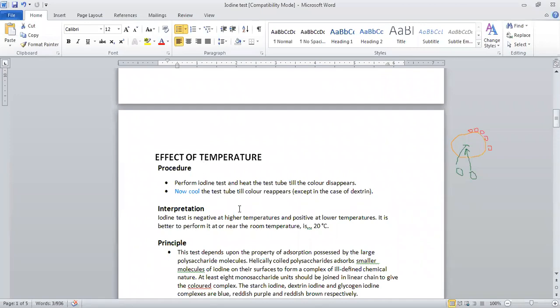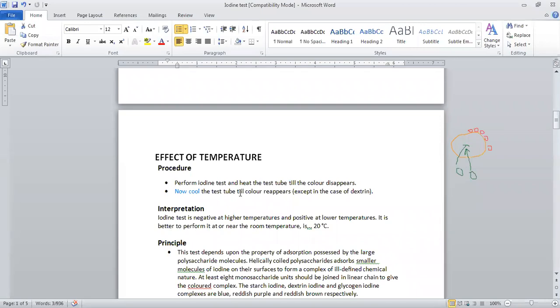And next is the effect of temperature. We can perform the iodine test at room temperature. But if you have a blue colored solution and you heat the solution on a Bunsen burner, in that case, polysaccharides cannot hold the iodine molecules at high temperatures, and iodine molecules will be detached and the complex will be broken into two components.